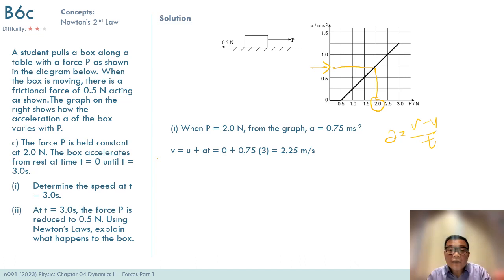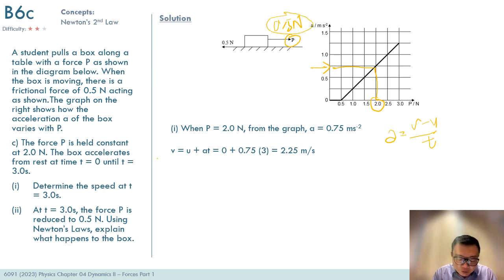You can rearrange the equation to get the final velocity, and the final speed is just the value of the final velocity. That's how we can get 2.25 meter per second. Now in part 2, at 3 seconds, you are told that this forward pulling force is now reduced to 0.5 newtons.